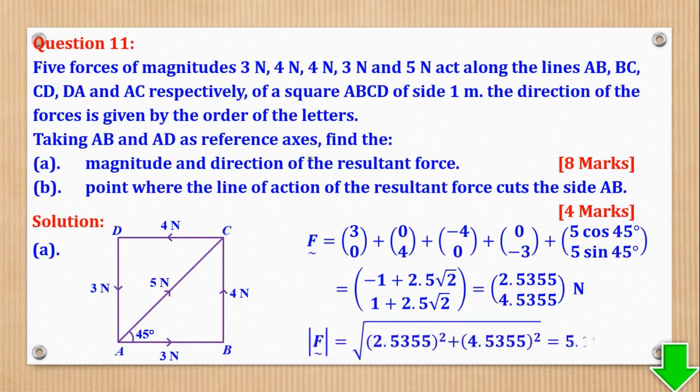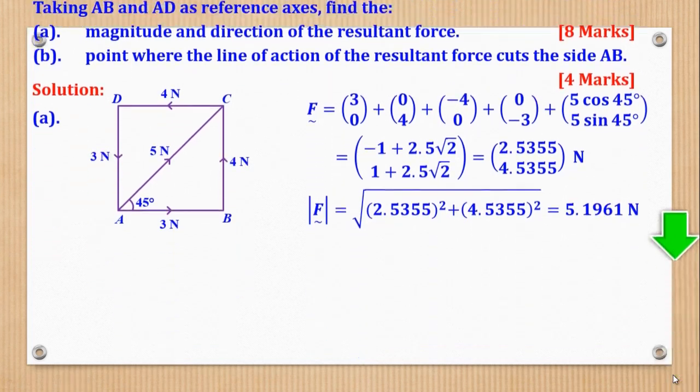But they ask for magnitude and direction. So magnitude is got by this squared plus this squared, all under square root, to give you that. What about the direction? We shall first draw a right-angled triangle for positive horizontal and negative vertical. Then a line joining from start to end is our resultant.